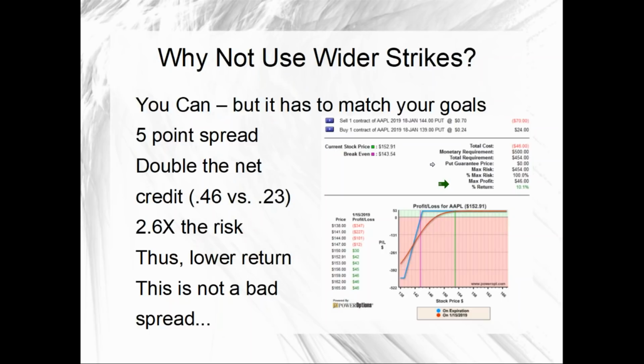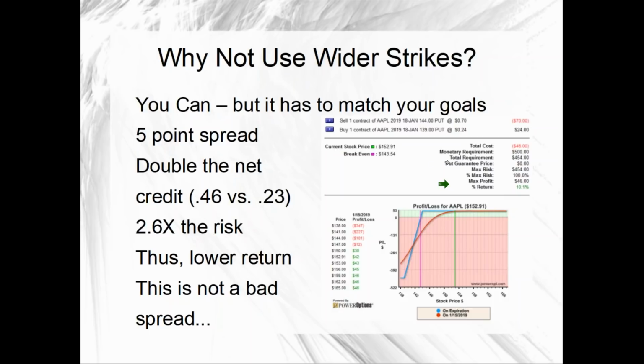And if I'm only allocating $2,000, I can only do about 3 or 4 contracts of this spread. Whereas at 177, if I'm allocating $2,000, I could do maybe 10 contracts. So there's a trade-off there when you look at it to analyze: is the increase in risk worth it to double the net credit?